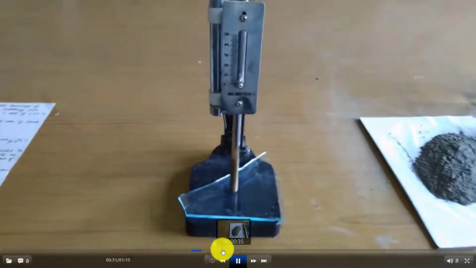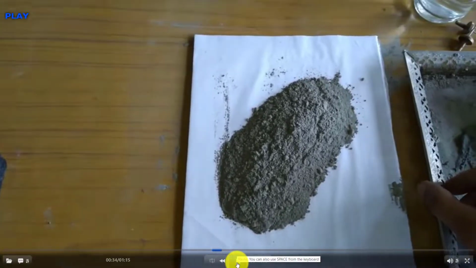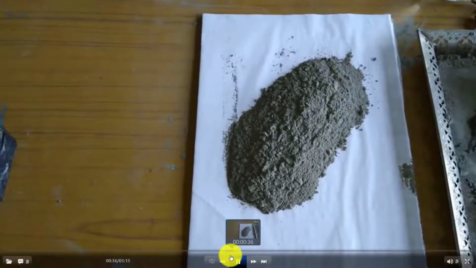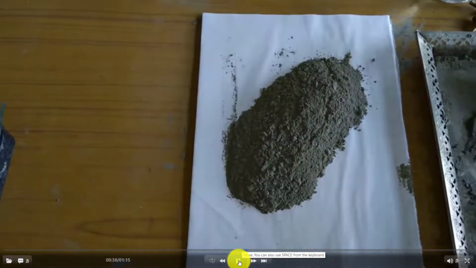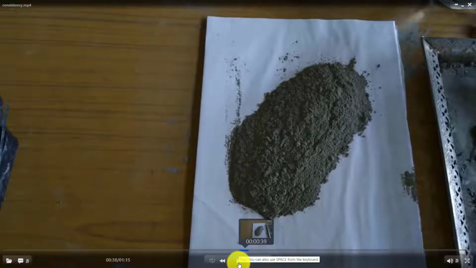After attaching this plunger, you mix the water into the cement to form a cement paste. After making the cement paste, you form it into a lump and put the whole ball-like lump into the ring.